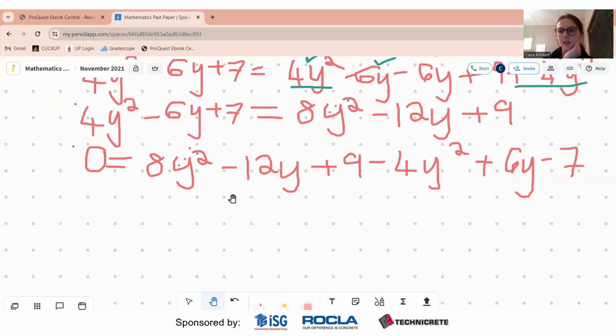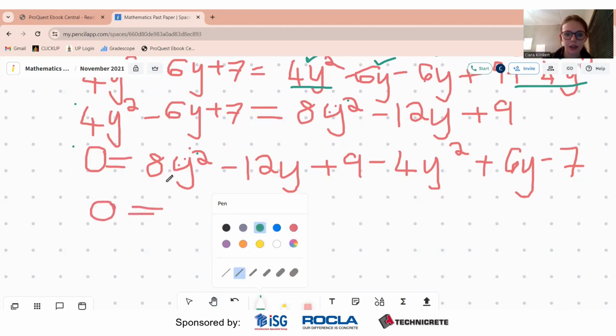Now I have like terms once again. So what I'm going to do is simplify, add all my like terms together. So I've got an 8y squared and a minus 4y squared. Those are my only terms with a y squared in it.